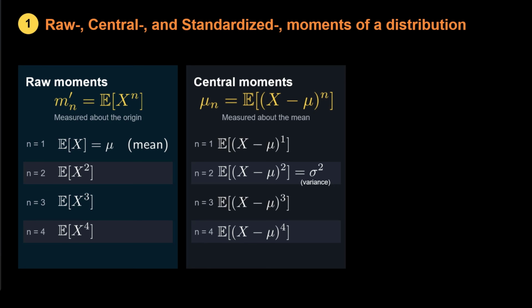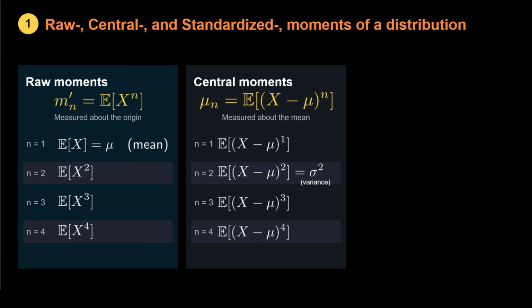I brought the central moments into view as well to highlight the fact that raw moments are measured relative to 0, whereas central moments are measured relative to the mean mu. And notice that the second central moment is what we call the variance.